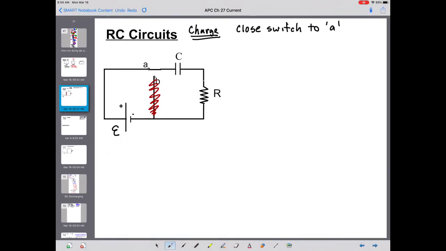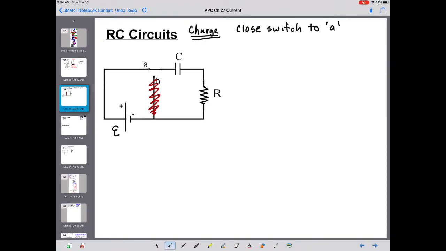However, your capacitor and your resistor are in a closed loop, a complete circuit with the battery. This is a position whereby you will charge the capacitor, but again, with the presence of the resistor there, you will not charge it instantly, but it will occur over time.